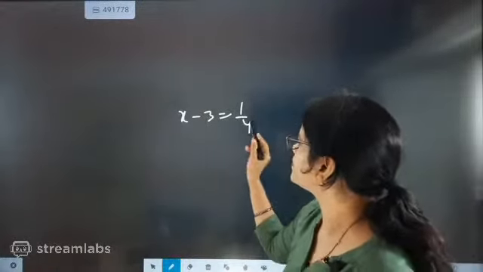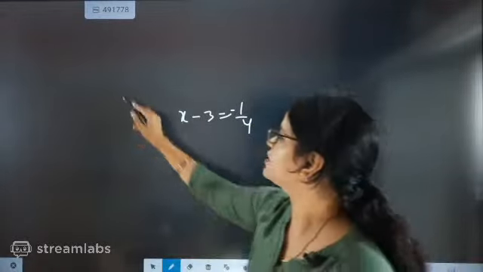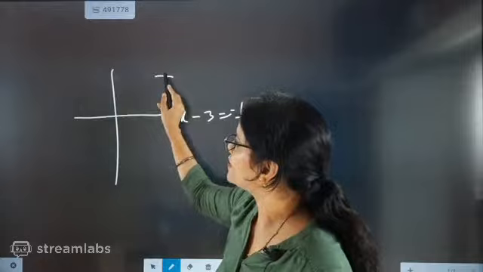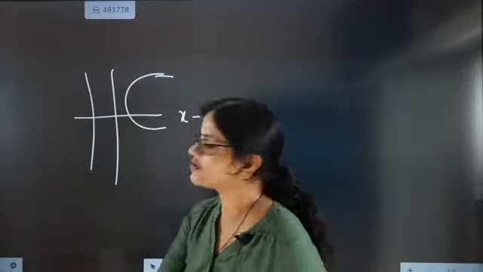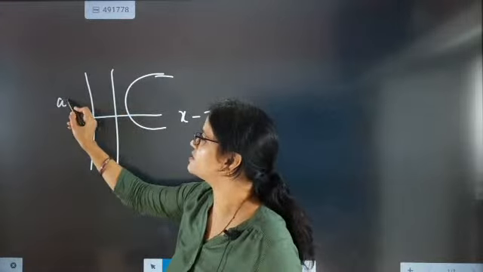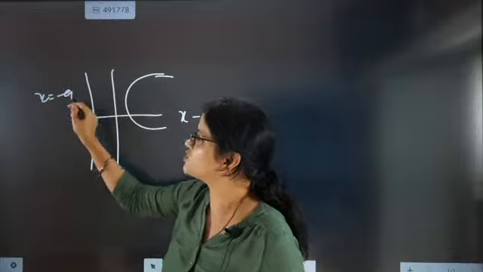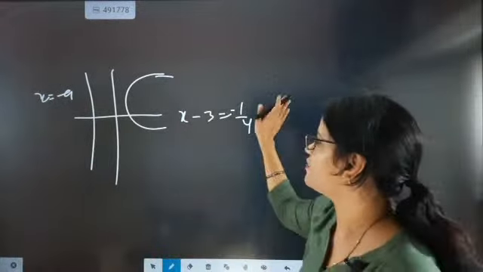So we are going to shift it. What was the equation? Gautam, this directrix was here, so a will be negative on this side, x will be equal to minus a, so capital X will be equal to minus 1 by 4.